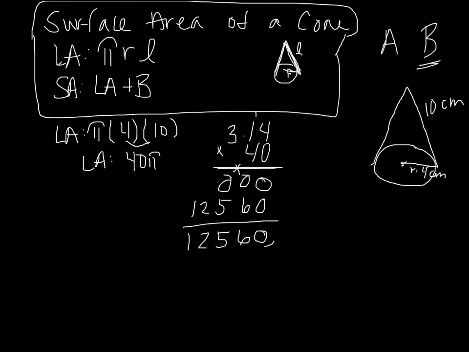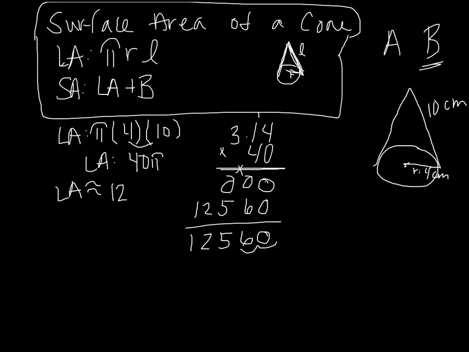Bring it over 2. Okay, so 40 pi means that our lateral area is about 125 and 6/10 centimeters squared.